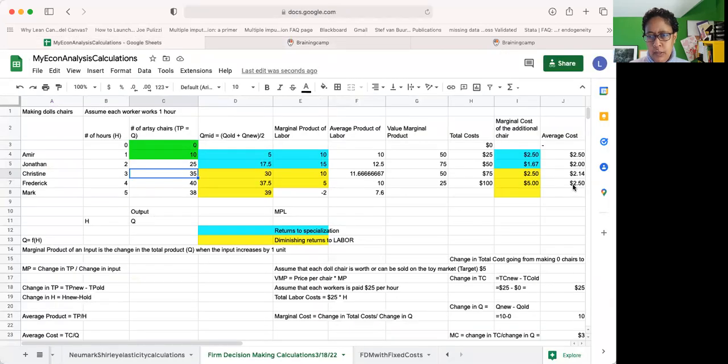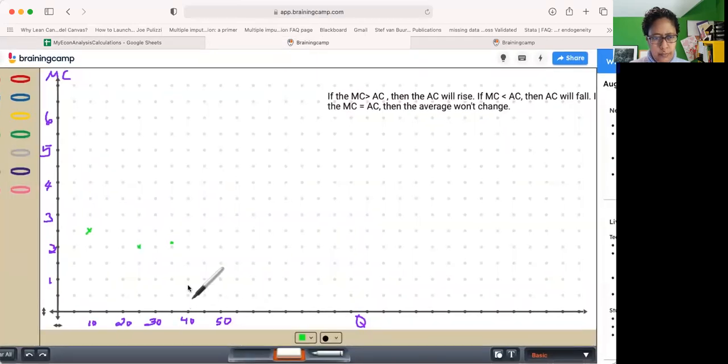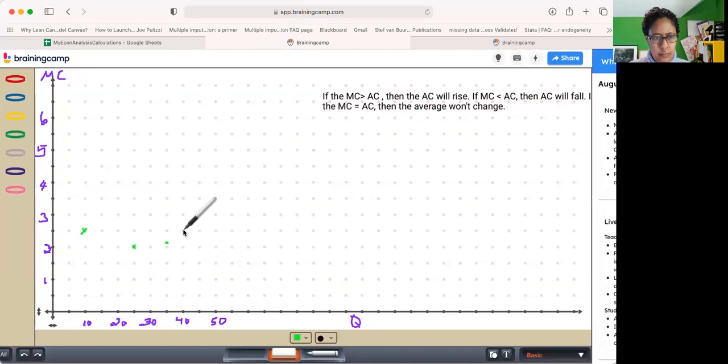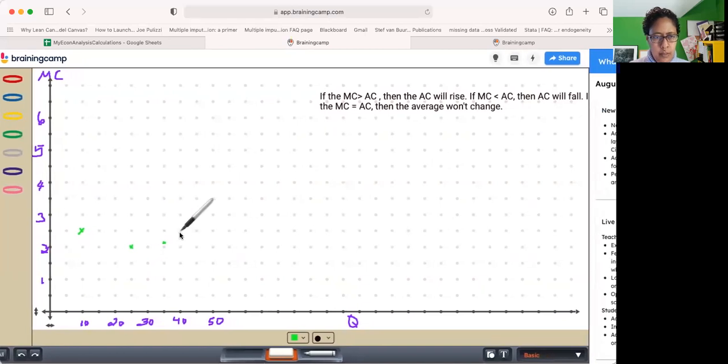And then I've got 2.50 again, matching to 40. And so this is the average cost.